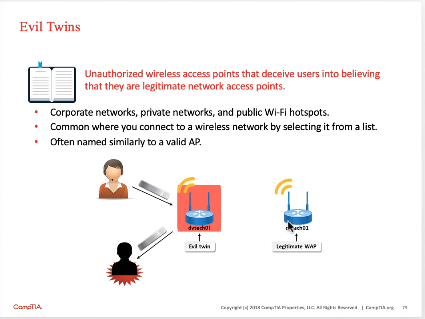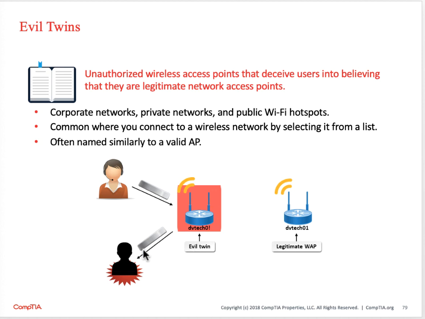If we see here, this one's DevTech01, but the evil twin is DevTech0 exclamation point, right? In this case, the user or the client is going to click on here.